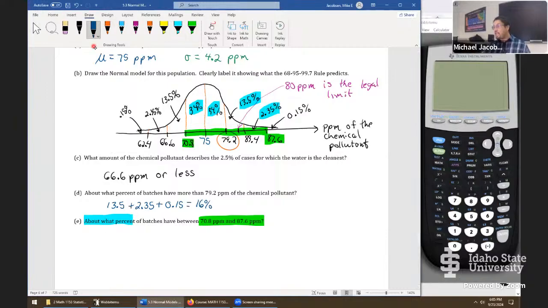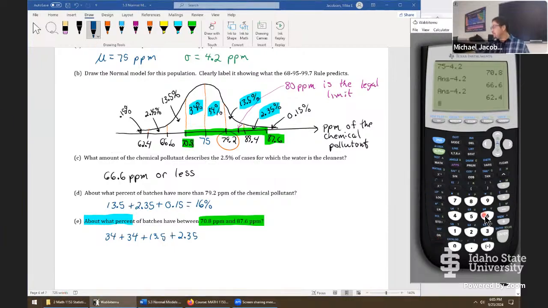So in this problem, we would take 34 plus 34 plus 13.5 plus 2.35, and just tally those. That shouldn't be too bad. First two is 68%, plus 13.5, plus 2.35. So we've got it. It is about 83.85%.